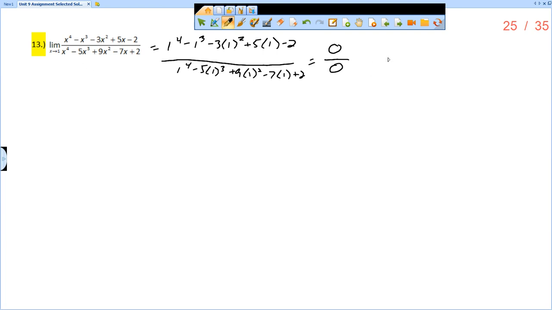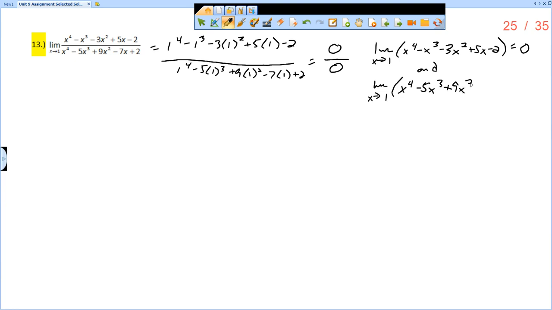All right, so now remember, we need to state separately that the limit as x approaches 1 of x to the fourth minus x cubed minus 3x squared plus 5x minus 2 equals 0, and the limit as x approaches 1 of x to the fourth minus 5x cubed plus 9x squared minus 7x plus 2 equals 0.